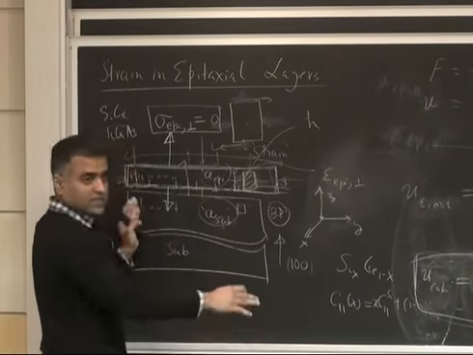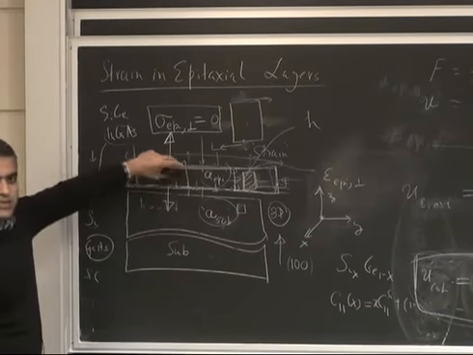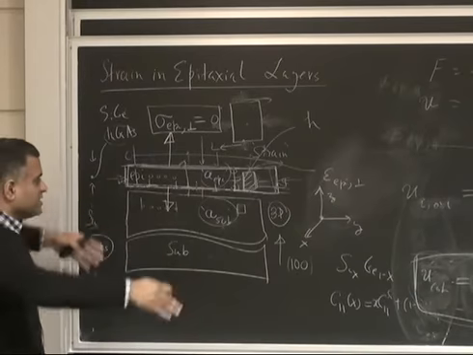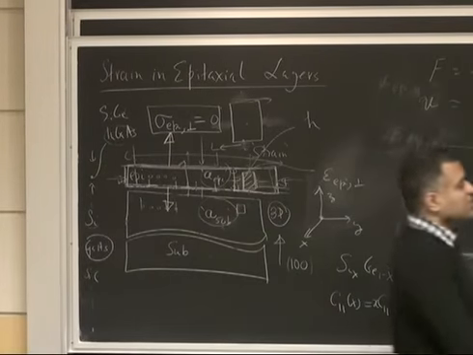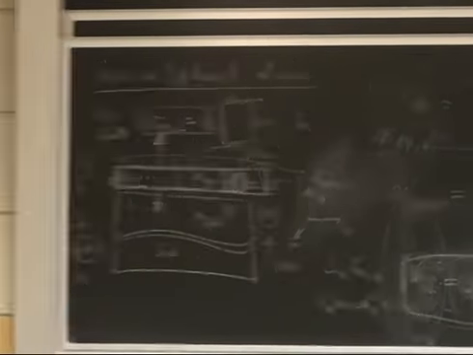So what will be the spacing between dislocations? That should be pretty trivial to answer. Does that make sense? We already know the equilibrium lattice constants of the two. Therefore, what should be the spacing between dislocations so that you are completely relaxed? And here's the number, and you can think about why it should be.